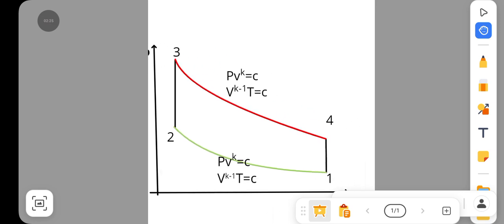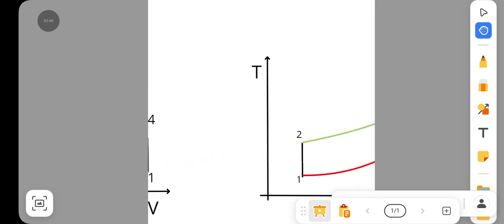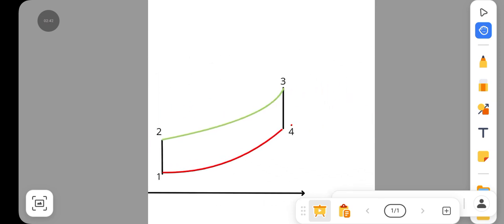After it is compressed, there is a constant volume process between 2 and 3. So what is happening between 2 and 3? There is a supply of heat. At points 2 and 3, the spark plug is creating heat.